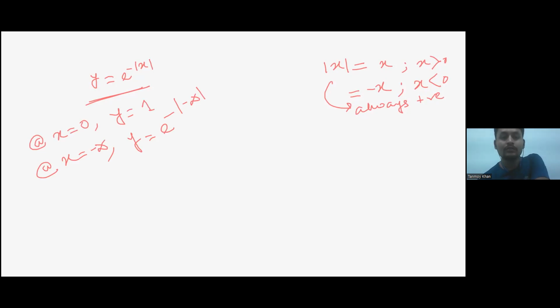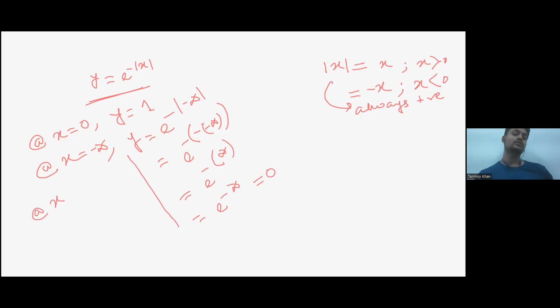From mod, it will always be positive, because it will be minus x. That means e to the power minus of minus infinity, so y will be e to the power plus infinity. Now think about other things: whenever x is equal to plus infinity, y will be e to the power minus infinity, which is 0.